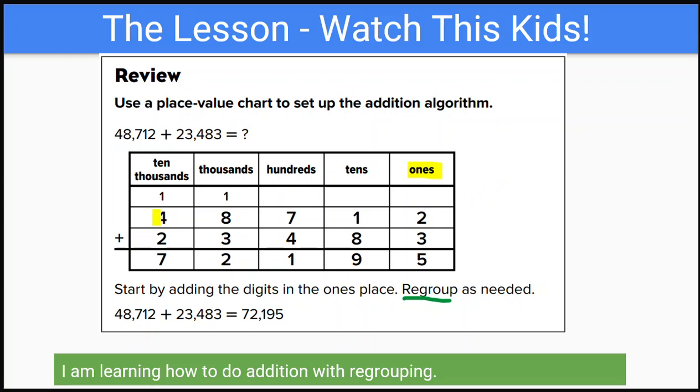In the ones column, we have a 2 and a 3, so 2 plus 3 equals 5. Everything's good so far. Then we go to the tens column, and we have 1 ten and 8 tens. That equals 9 tens.